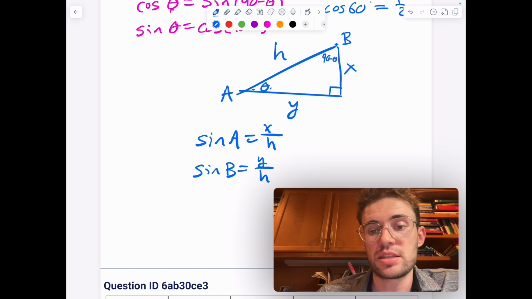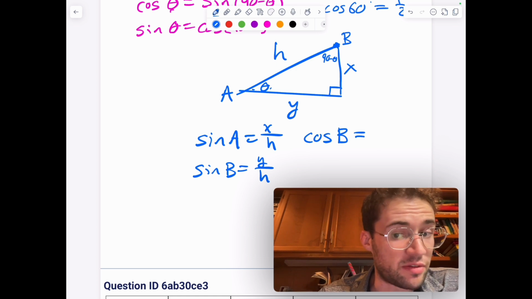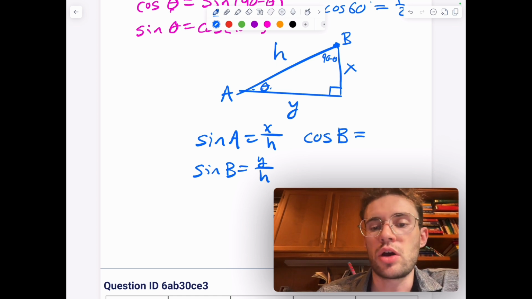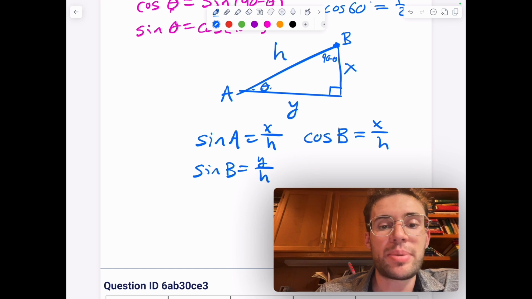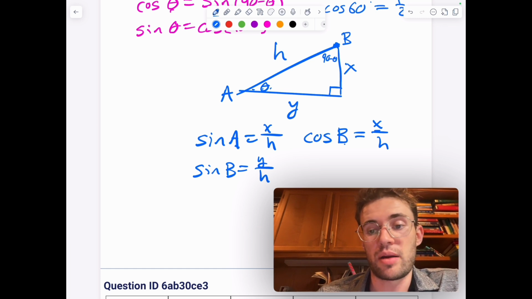Now for the cosines, let's do them reversed. So the cosine of B, the cosine of this angle up here, which is the complement of A, again, right? A is theta, B is 90 minus theta. Cosine of B would be the adjacent, so that's X, over hypotenuse. So the opposite for A is equal to the adjacent for B, and then they're both being divided by the hypotenuse.